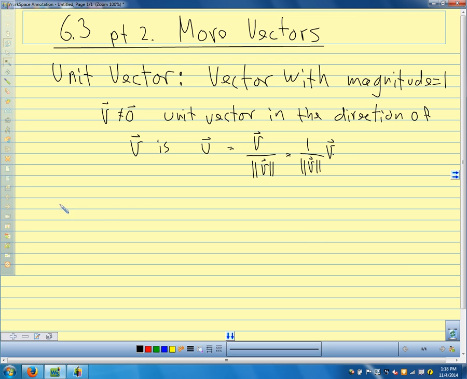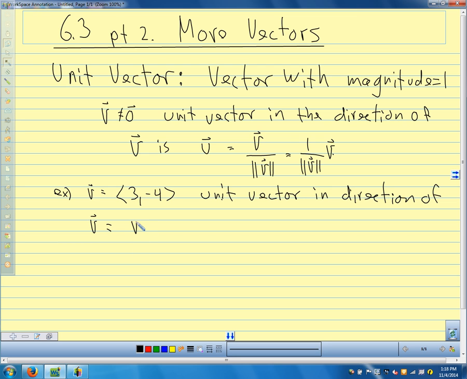So for example, if v is the vector 3, negative 4, and we want a unit vector in the direction of v. The first thing we need to do is find our magnitude.